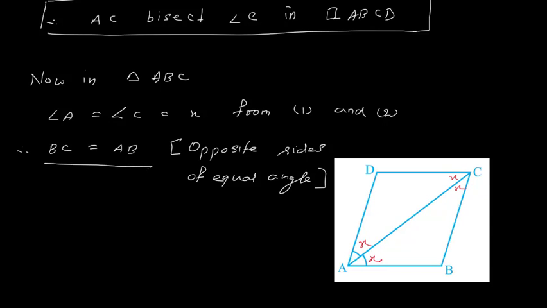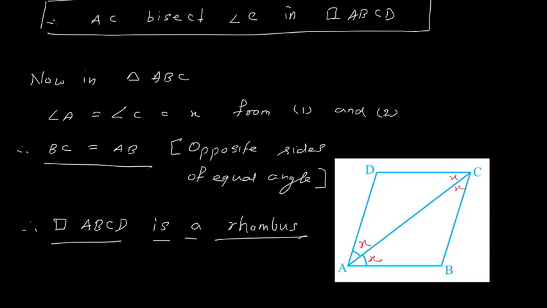So BC is equal to AB. So two adjacent sides are equal. Therefore, this figure ABCD is a rhombus. Right? Simple. Quadrilateral ABCD is a rhombus, we have proved.